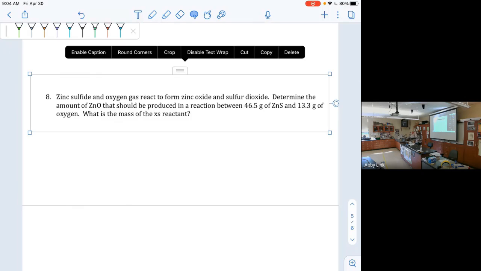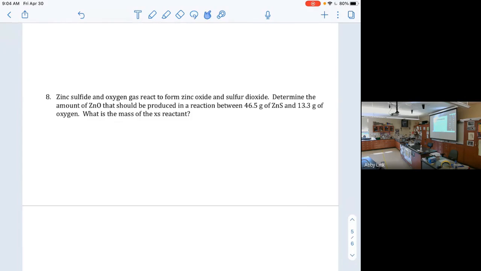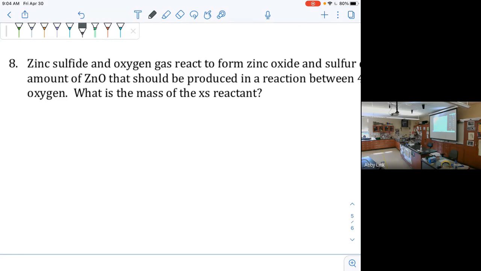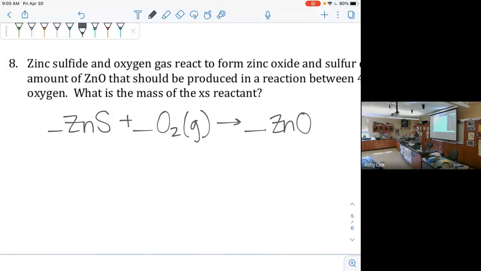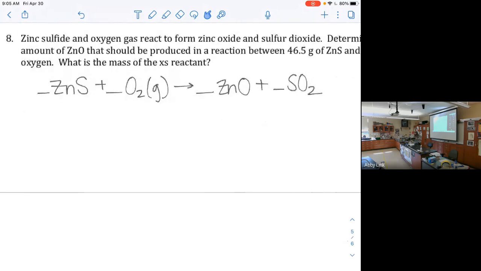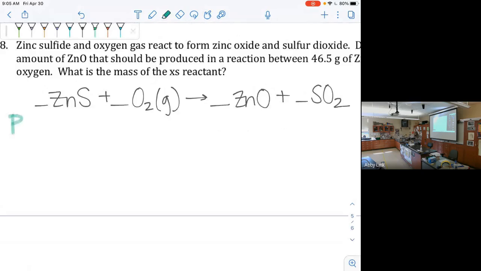So they have zinc sulfide and oxygen gas react to form zinc oxide and sulfur dioxide. Okay, let's write our reaction out first. Zinc is +2, sulfide is -2, so we're going to have ZnS, plus oxygen gas, O2, forms zinc oxide, zinc is +2, oxygen is -2, so ZnO, and sulfur dioxide is SO2. All right, let's balance this puppy.